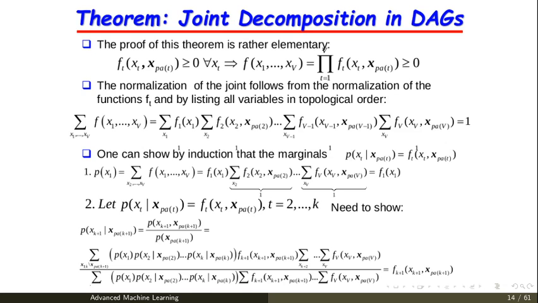So the whole summation in the numerator and the denominator cancels, and this factorization by definition is 1, because these functions are normalized. So what you get is that this conditional distribution is equal to my factor f k plus 1. So basically, what we said was we can decompose joint probability distributions in terms of its conditionals.